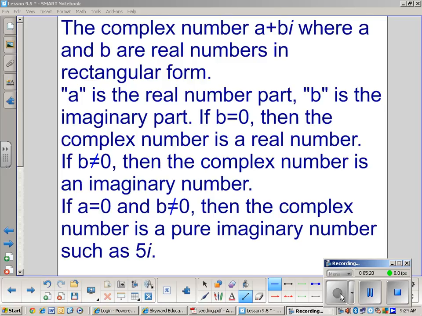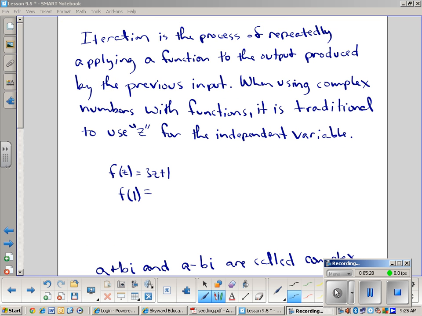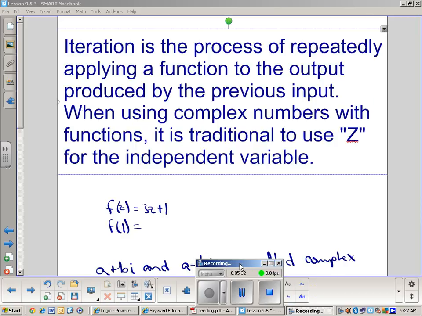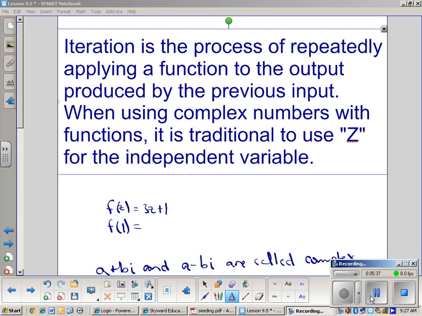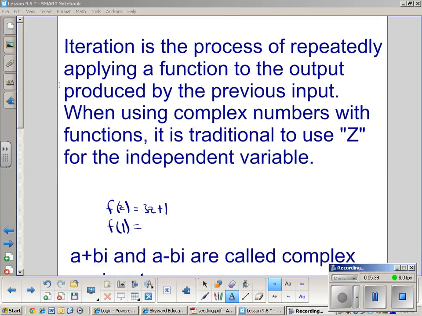Just in case you're copying this at home, this is the same as I had in handwritten form before. Let me try cleaning this up too. We'll make sure that everybody copied this first part down.